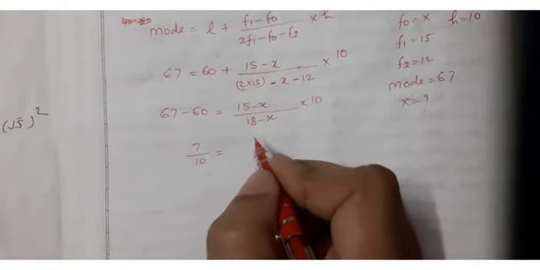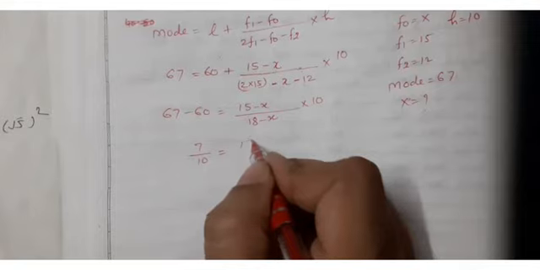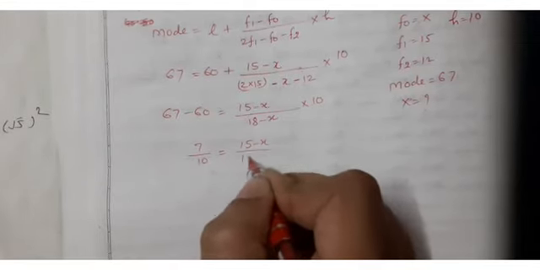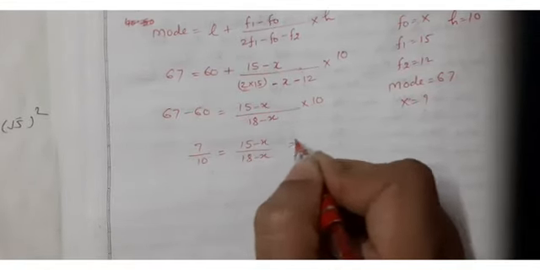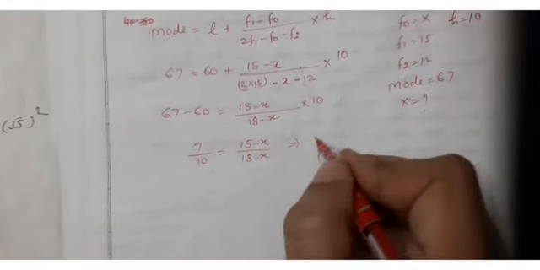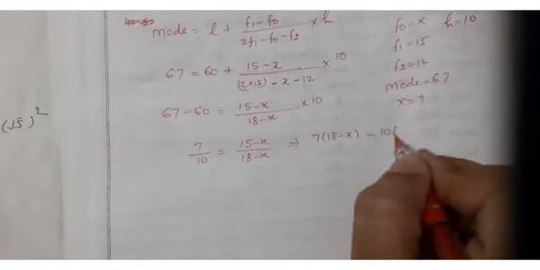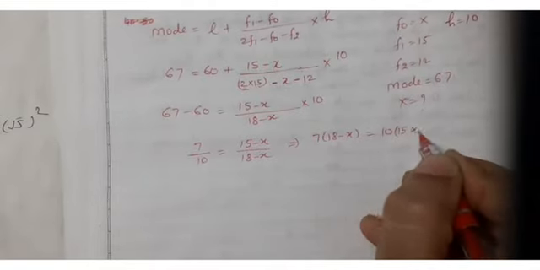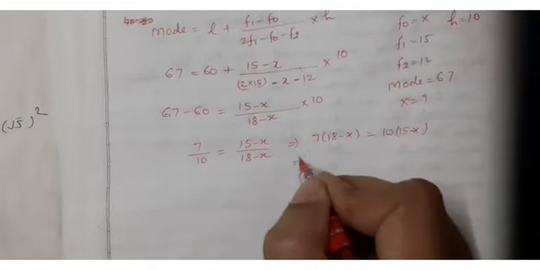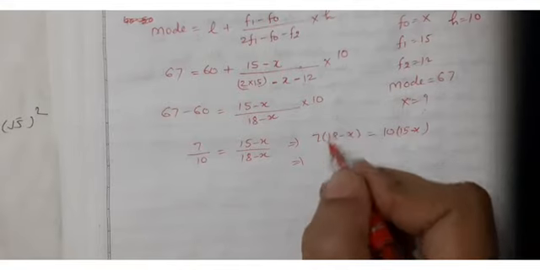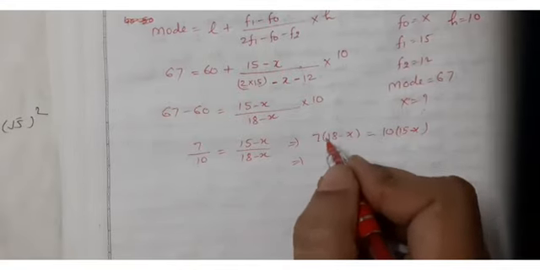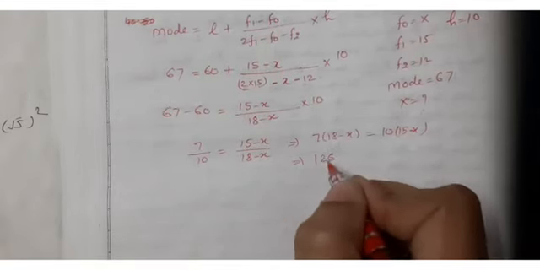Then what will come? 7 upon 10 equals 15 minus x upon 18 minus x. Okay, 7 into 18 minus x equals 10 into 15 minus x. 7 8 is 56, 7 1 is 7 and 5, 12.